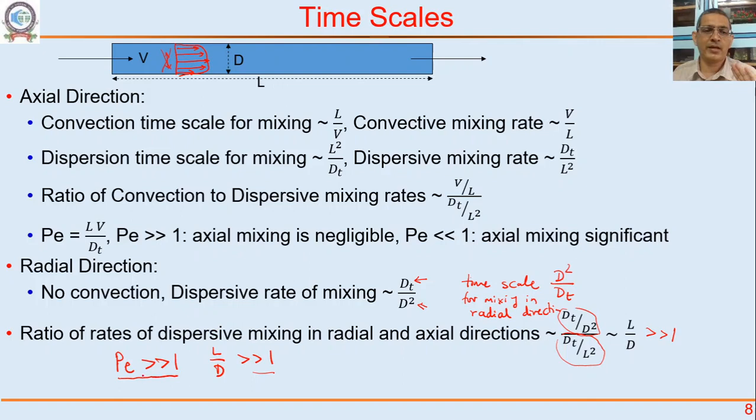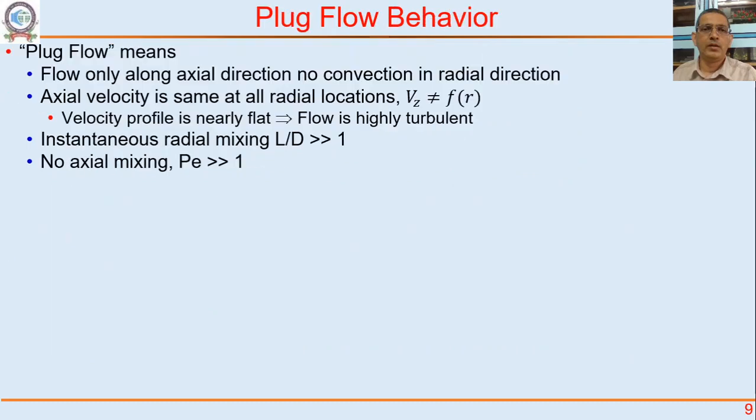Both these conditions are required. Only then will we have a true plug flow. That's what this means. That's what I've just written in the slide just for your understanding. We've talked about it.